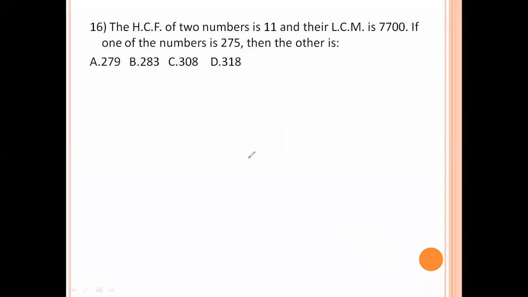The HCF of two numbers is 11 and their LCM is 7,700. If one of the numbers is 275, then the other is?